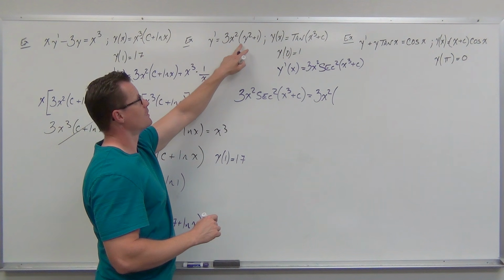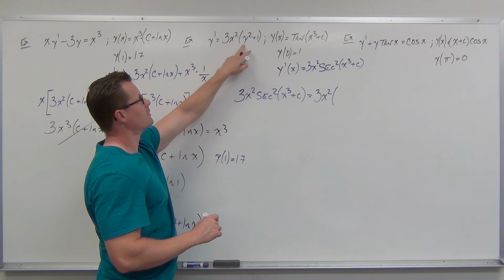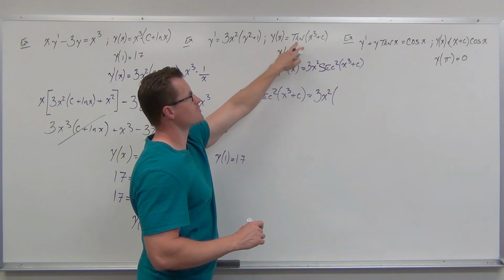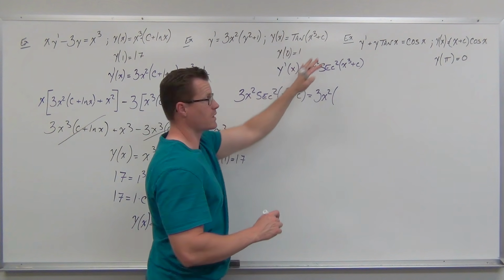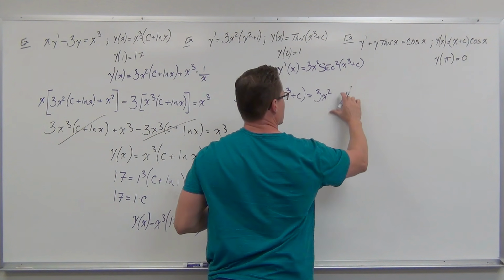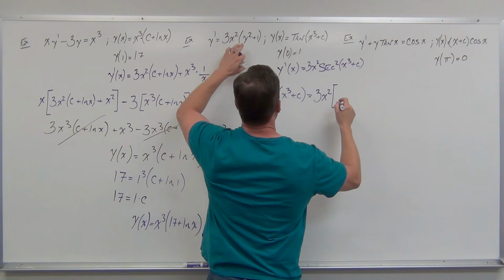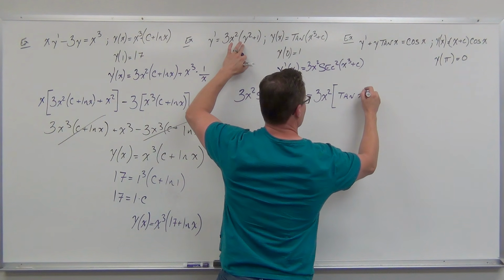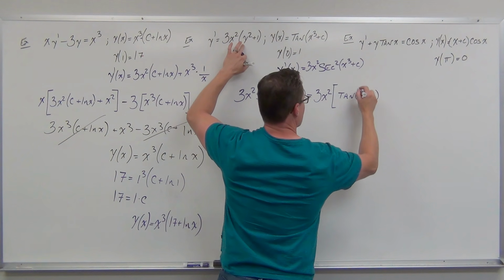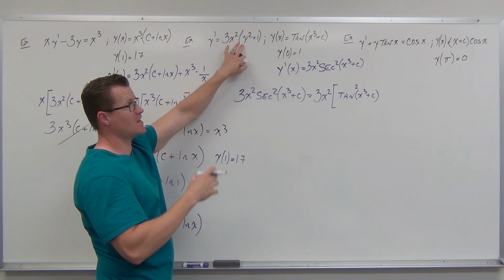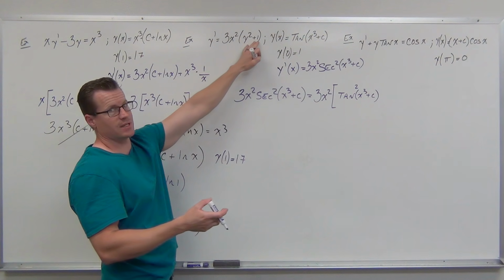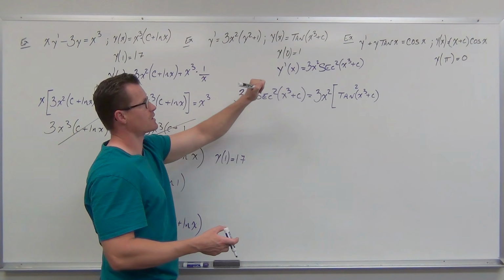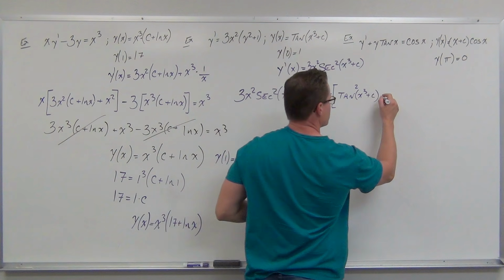We have y squared, so all of this squared. So tangent squared, why? Because that's y. So y squared, take this stuff and square it. Tangent squared of x cubed plus c, plus 1.